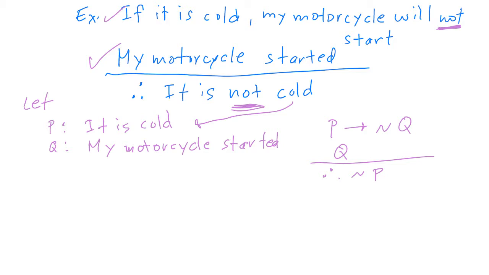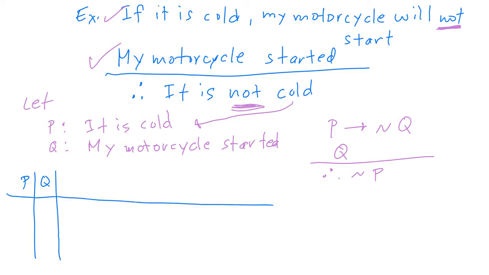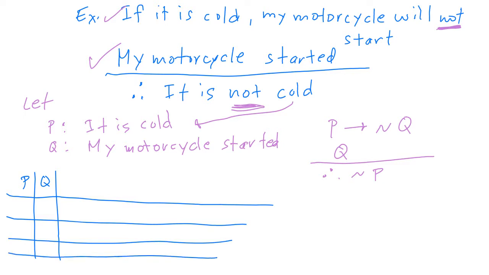Okay, and then let's do the truth table. We'll have P, Q, and 4 possible combinations, because you have 2 symbolic letters, 2 to the power of 2, which is 4.